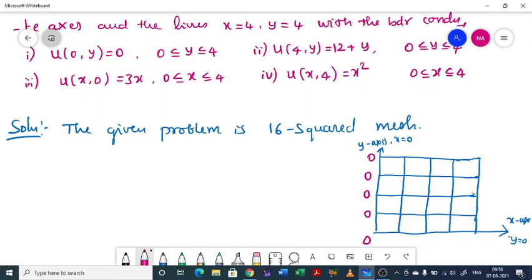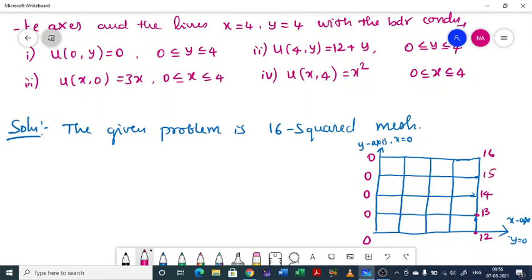So on this line x equal to 4, let us take y equal to 0. Then u of 4 comma 0 is this value 12. This one u of 4 comma 1, 12 plus 1, 13. This is 14, 15, 16.